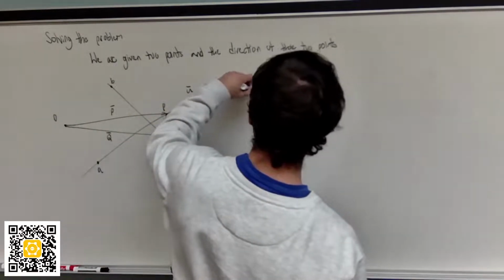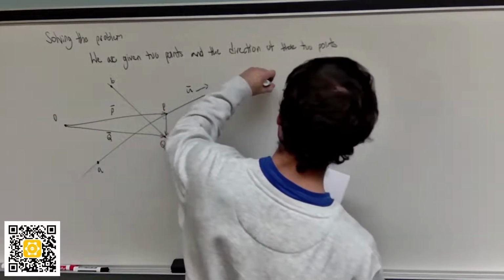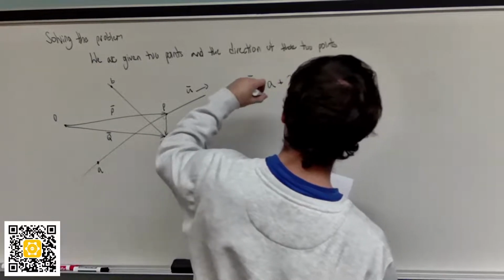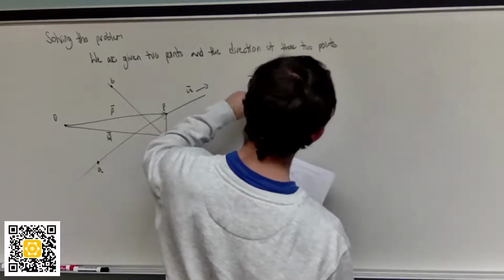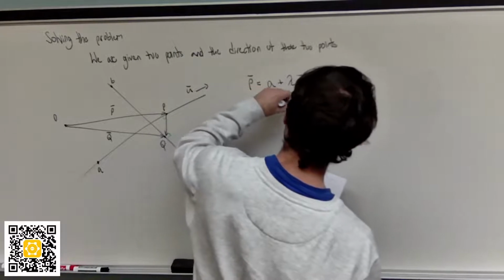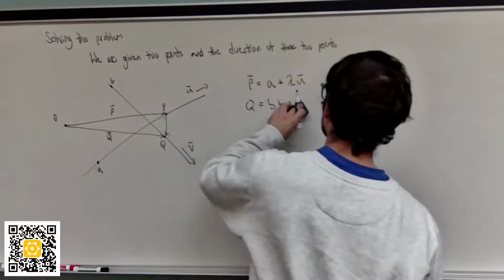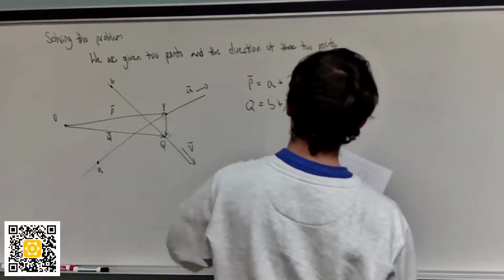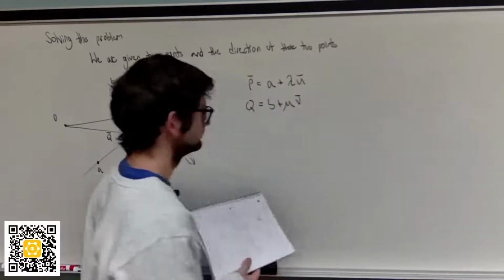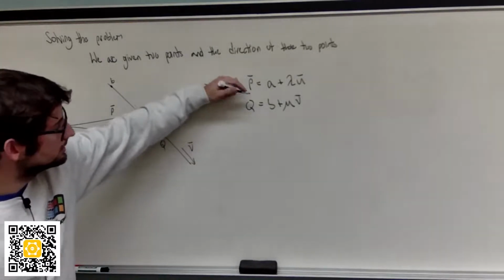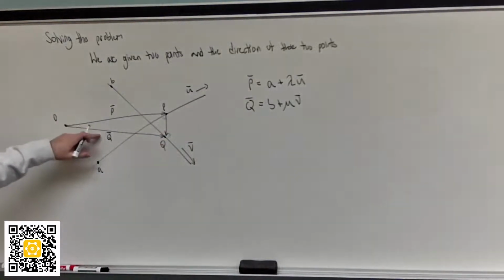Now if you guys remember, the P vector is going to be equal to A plus lambda times the U vector. Then the Q vector is going to be B plus mu times the V vector. Any confusion so far? This right here is exactly what we went over previously with those two lines.